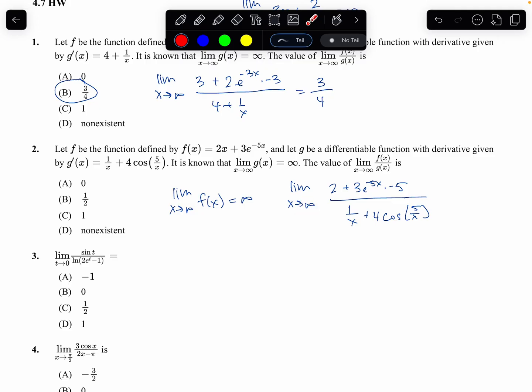The limit as x approaches infinity of this expression is going to be 0, but I'm going to be left with 2 on the numerator, all over the limit as x approaches infinity of this expression right here is going to be 0, and it's going to be 0 for here. So this will be 0, and this will be 0, so it's going to be equal to 4 cosine of 0, and cosine of 0 is 1, so it's going to be 2/4 or 1/2.